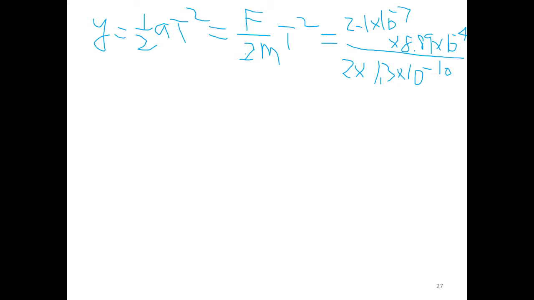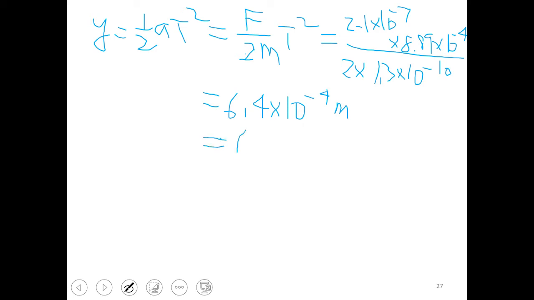So this is actually 6.4 times 10 to minus 4 meter. Or maybe you can write it as 640 micrometer.